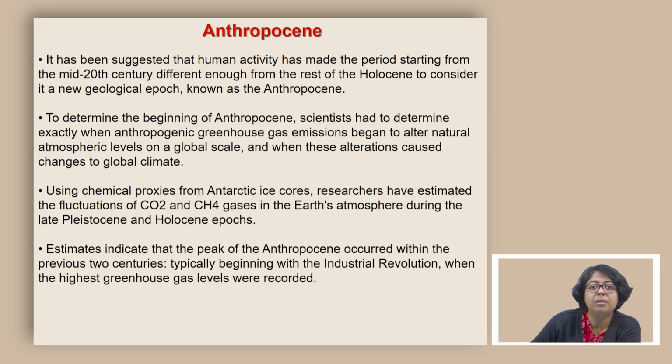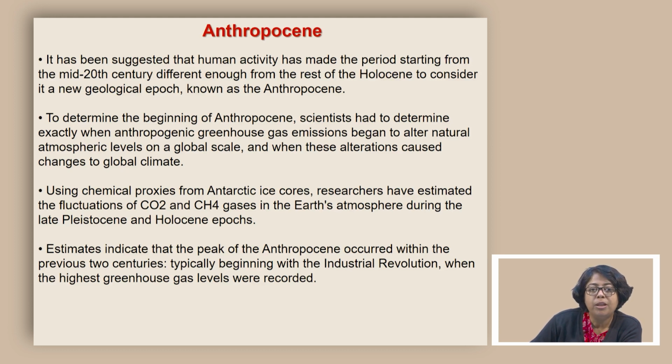To determine the beginning of Anthropocene, scientists had to determine exactly when greenhouse gas emission began to alter the natural atmospheric level on a global scale, and when these alterations caused change in the global climate. Now, the question is, how do we do it? Then we need to have a continuous archive of the climate change as well as the greenhouse gas emission.